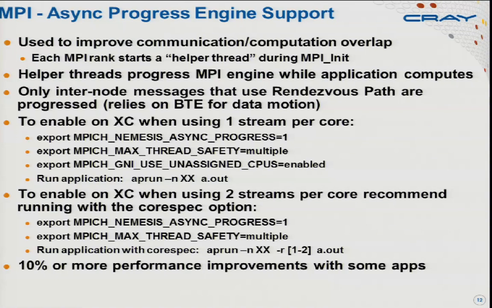When you're running with 2 streams per core, you still have to set these environment variables. You don't set this unassigned CPU thing, but you do now have to do -R. And again, you can do 1 or 2. If you start doing more than 2, these things are taking resources away from your application, so you're probably not going to do more than 2.